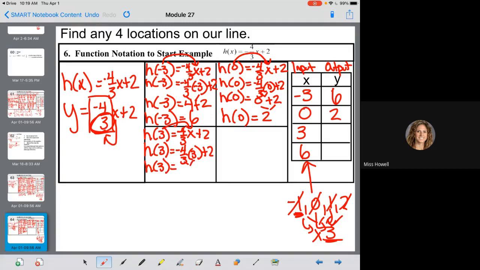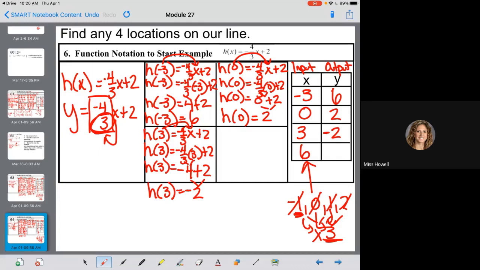Everything's happening over here. So -4/3 times 3. Again, if you can't do that math in your head, use your fraction button on your calculator. -4 ABC 3 times 3 would just give you a -4 plus 2. All right, we got to finish with our add. So h of 3 would equal a -2. So another location on this line would be at 3, -2.